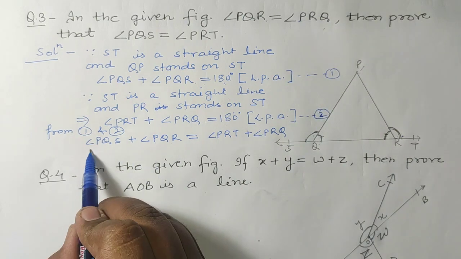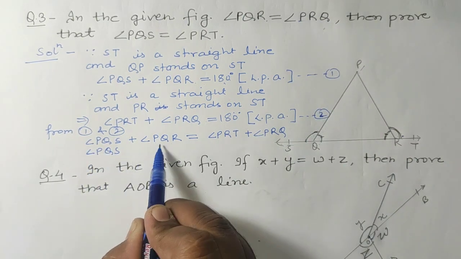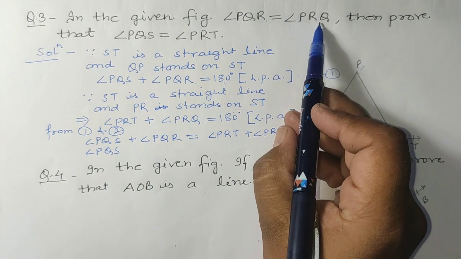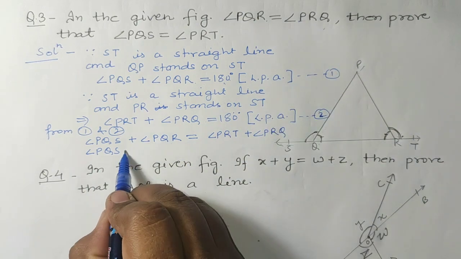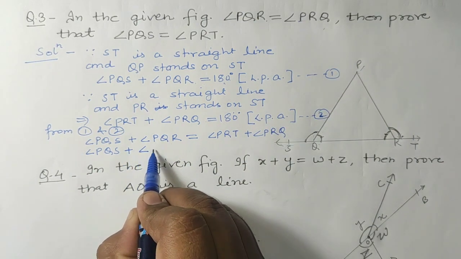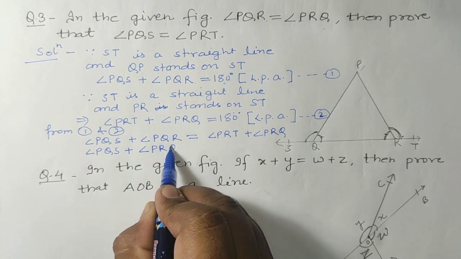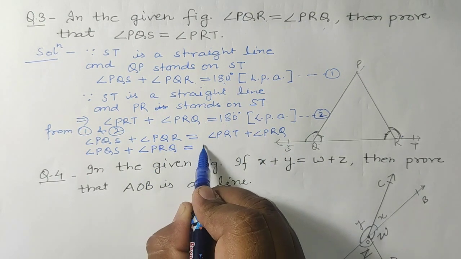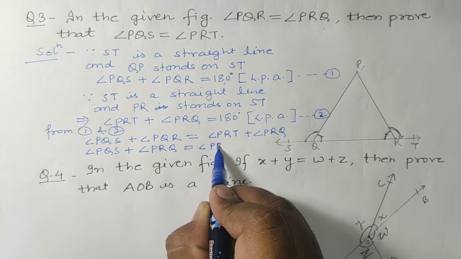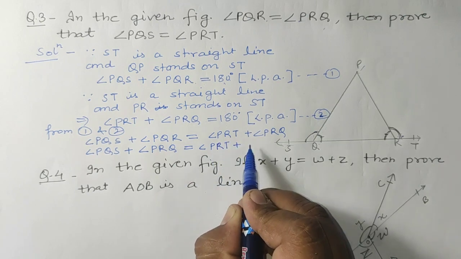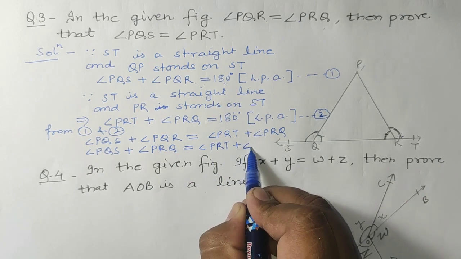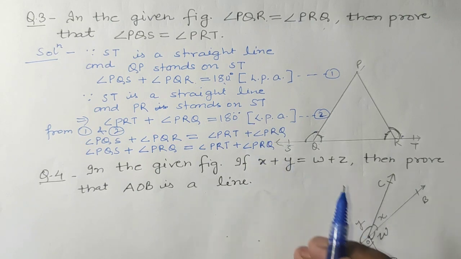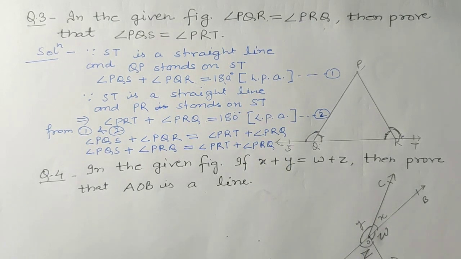So here at the place of angle PQR I am going to write angle PRQ, and the right hand side we will write in the same manner as it is written in the above line. Okay, so angle PRQ. Now you can simplify it.